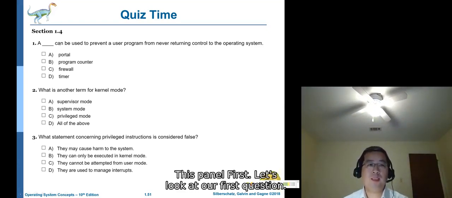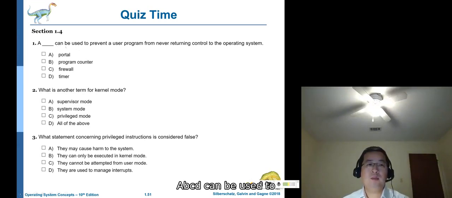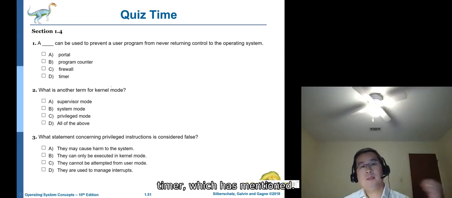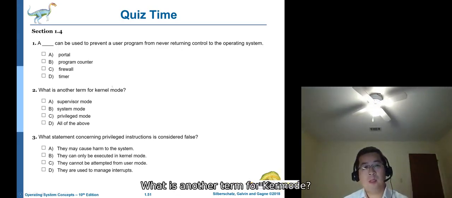Let's look at the first question. Which of A, B, C, D can be used to prevent a user program from never returning control to the operating system? Portal, program counter, firewall, timer. Okay, we just mentioned it. What is another term for kernel mode?